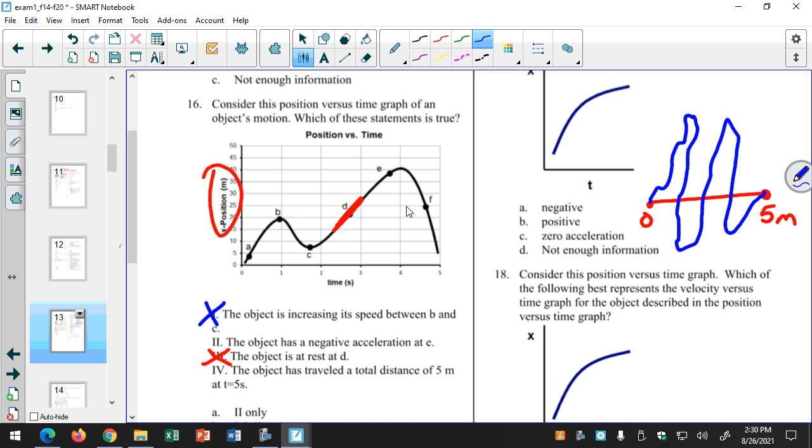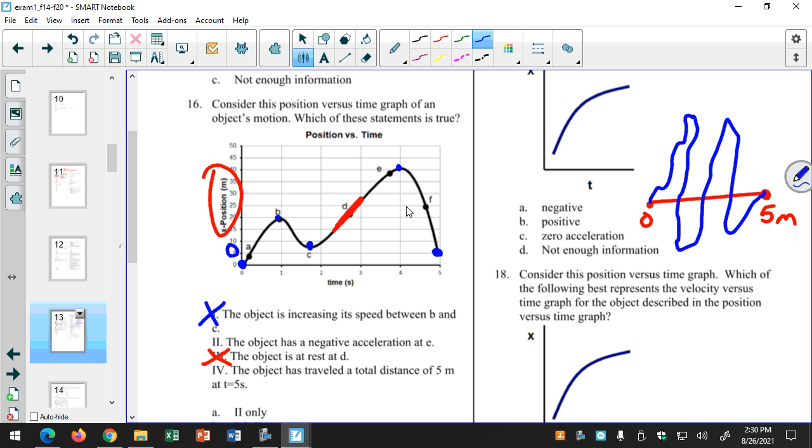That's sort of like in this problem. So here, you're starting at 0, and you stop at a position of 5 meters. I get that value from right here. Your initial and your final positions are 0 and 5 meters. But it hasn't been a straight line path between that because you've traveled up to 20 meters, you've traveled down to 15 meters, you've traveled up to 45 or 40 meters.